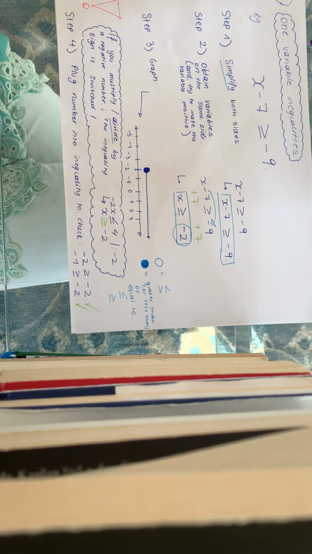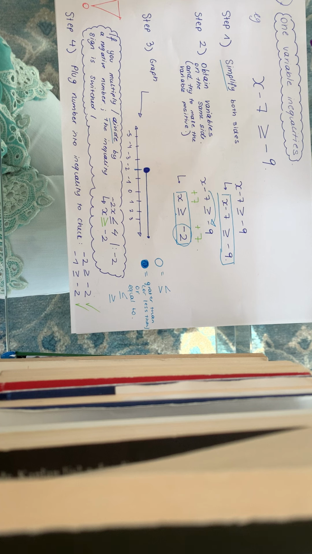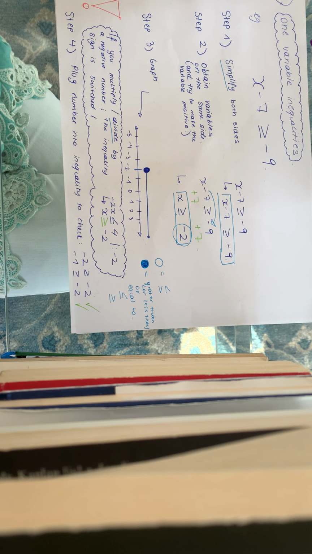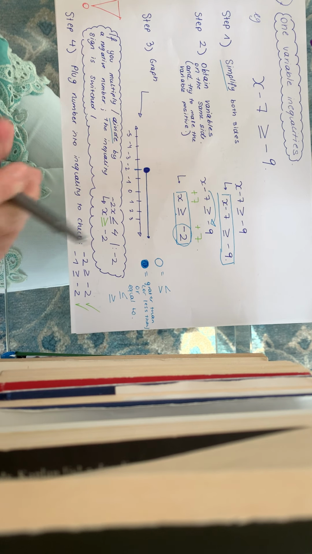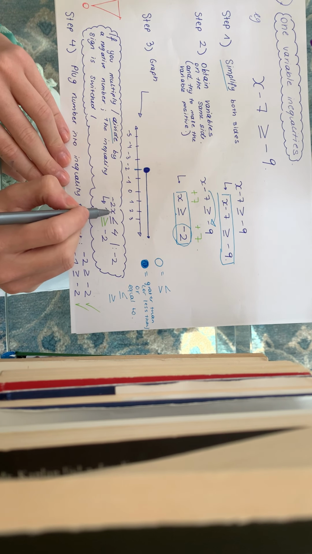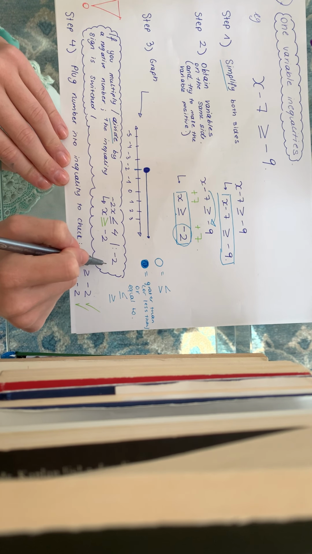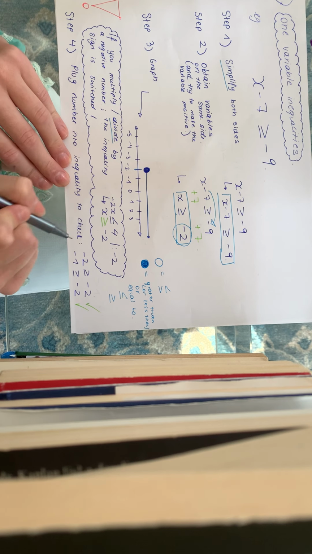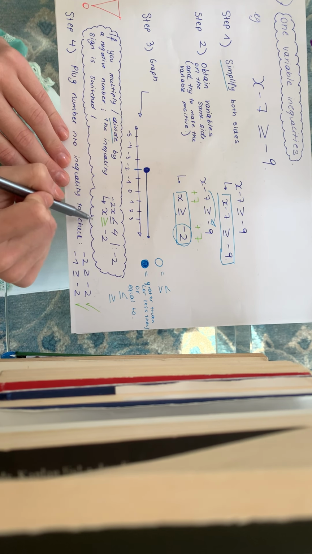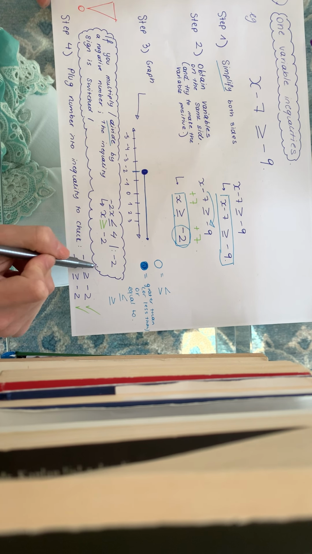If you have to divide or multiply by a negative number, you have to switch the inequality sign. So in this case, it is -2x is less than or equal to 4. Then you divide by -2. Now you have to switch the inequality sign to the other direction to have x is greater than or equal to -2 to make it correct.